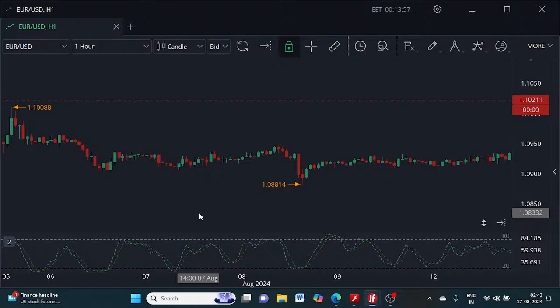So this way you will also consider the consolidation possibilities that it might remain in a narrow range, moving in a tight range, and also the momentum being bearish. Many times, if you don't take into account these kinds of situations, you might get in trouble.